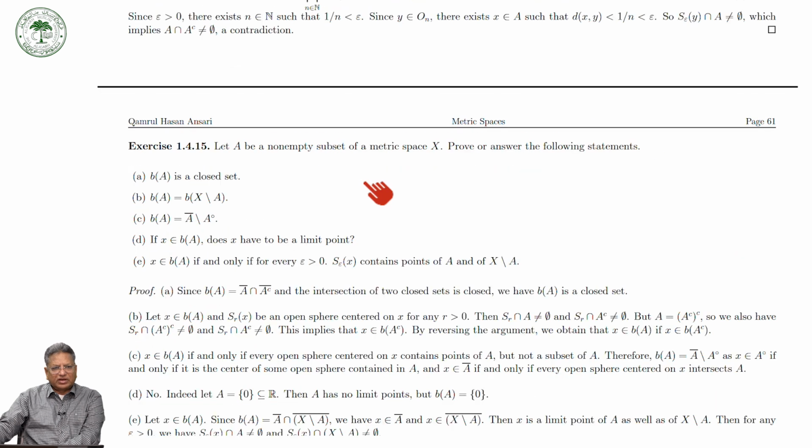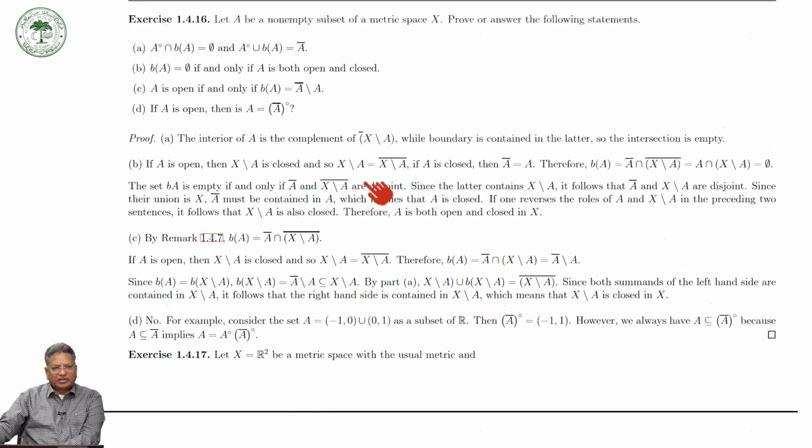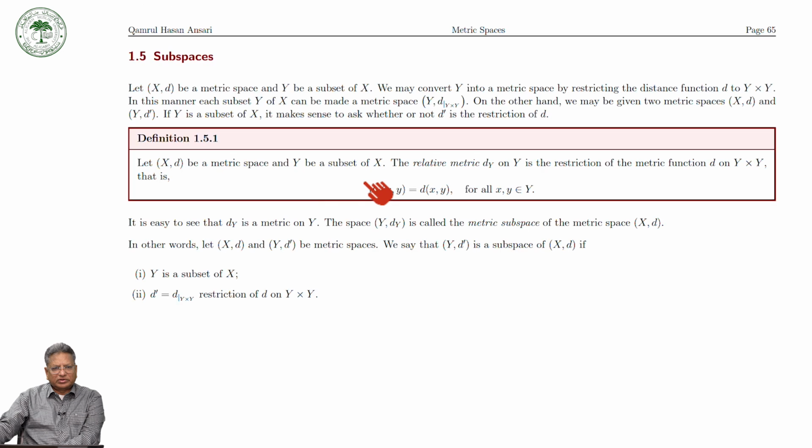And then we discussed several properties of this, and we have seen several examples and properties. Okay, so we are not going into the detail, and then we discussed the subspace.